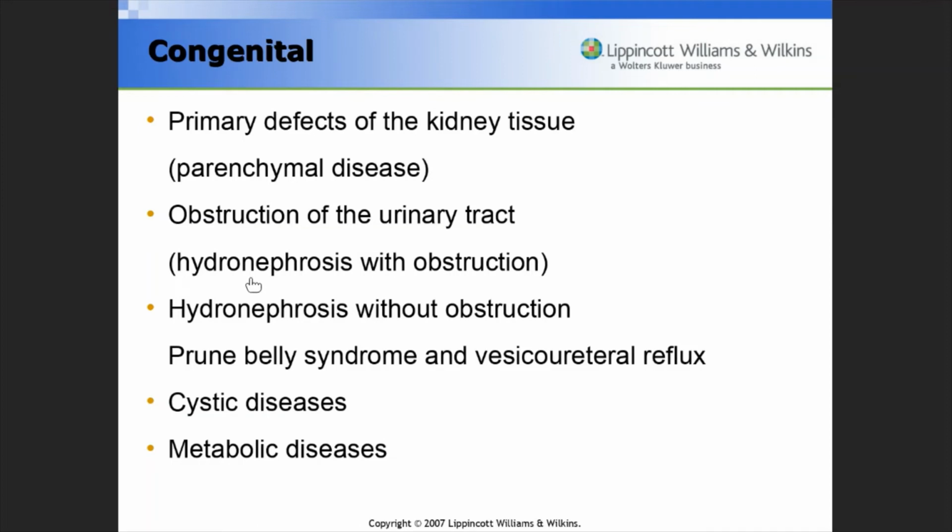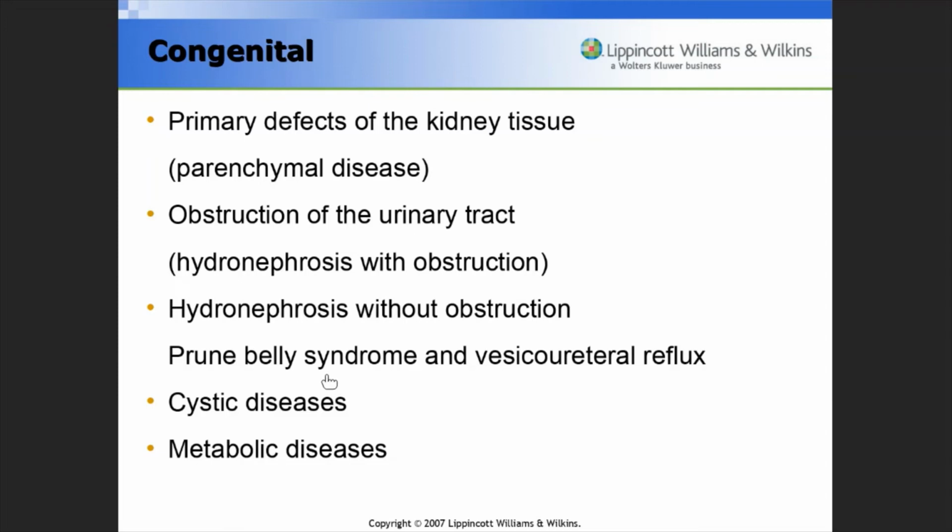What are some examples in which one can have a distended ureter, for example, without obstruction? Well, there are actually a couple more cases besides prune belly syndrome, in which children are born without abdominal muscle.